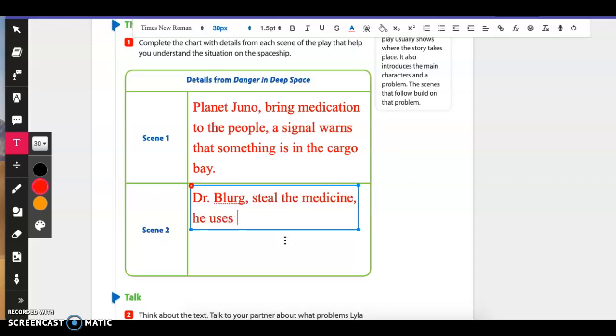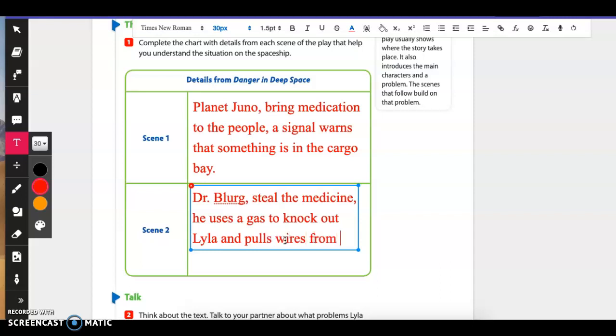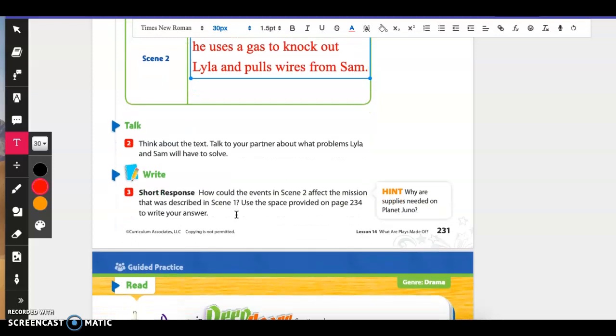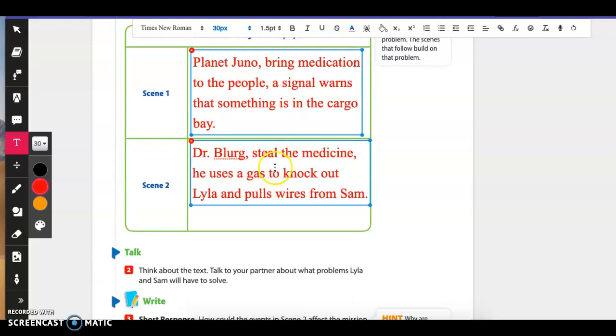He uses a gas to knock out Lila and pulls wires from Sam. So go ahead and go to the next portion of talk after you pause the video to complete your chart.